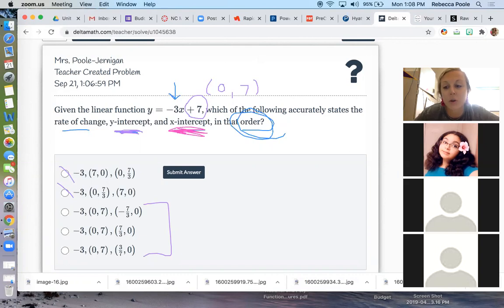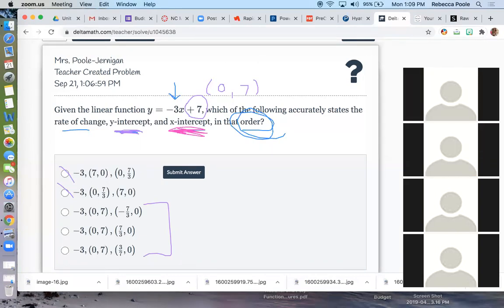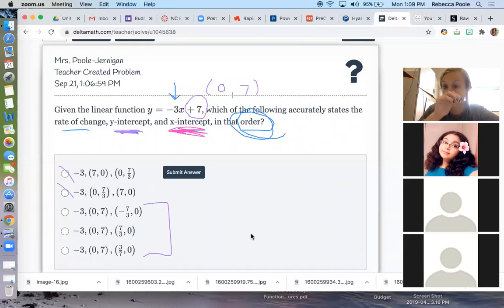This will be worth 2 extra credit points, whoever can give me a way. Cover the x and solve for the y. Opposite. Cover the y and solve for x, because we're trying to get an x-intercept. So this is the first way.